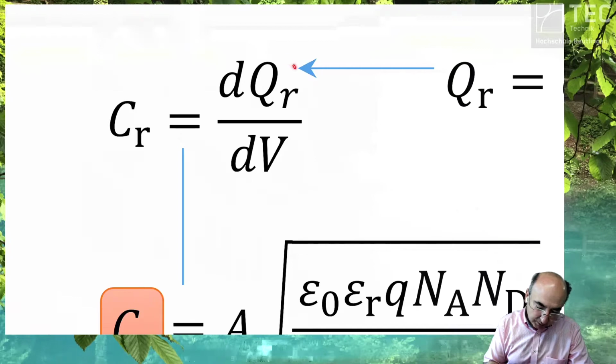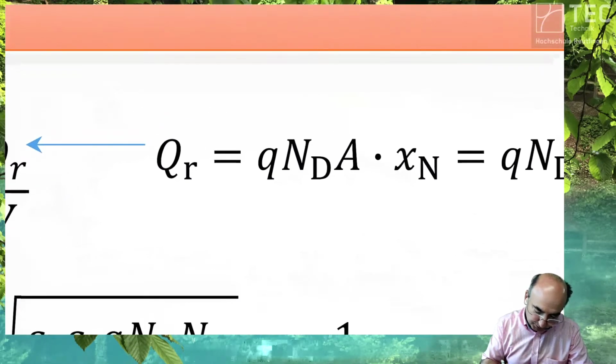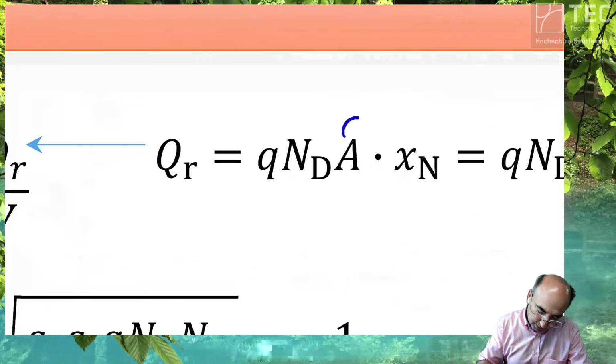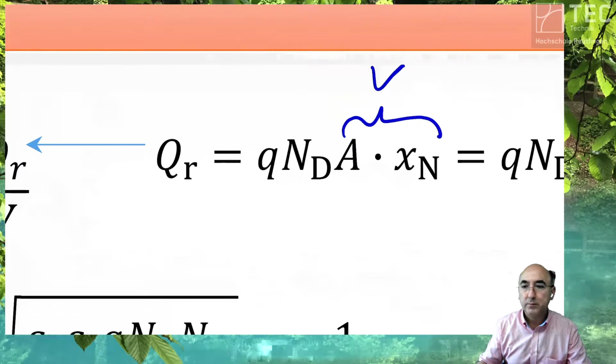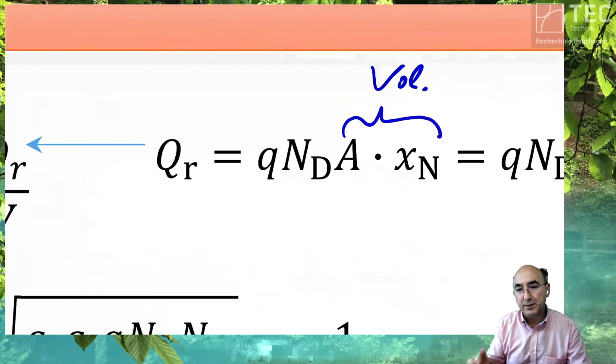Now, how much charge do we have in this capacitor? It's very easy. We have the area and the penetration of the space charge, of the depletion area. So this is a volume. And in this volume, we have some particles.